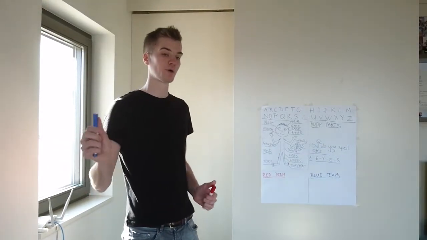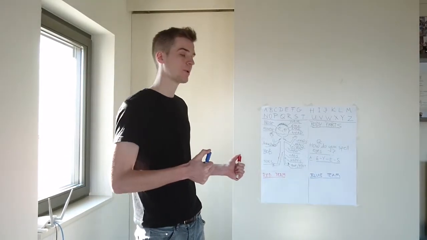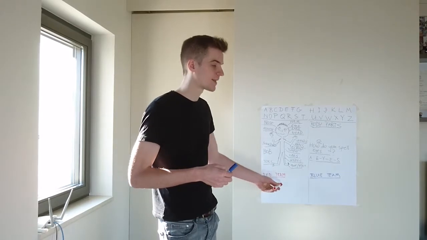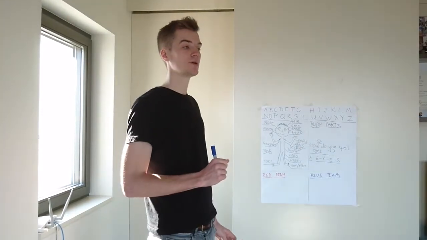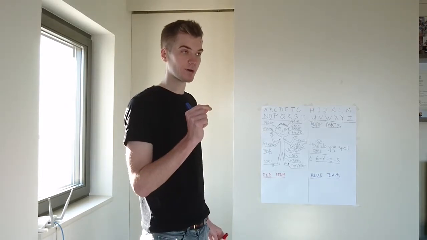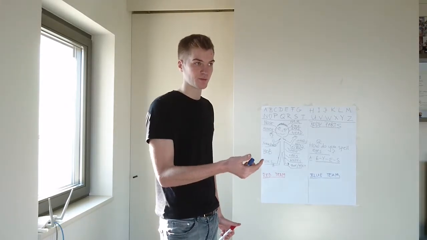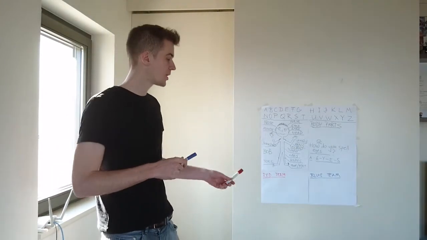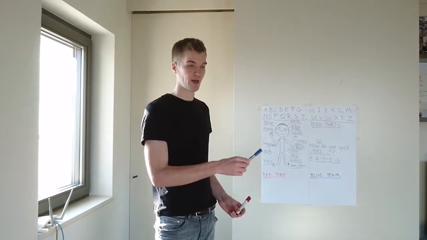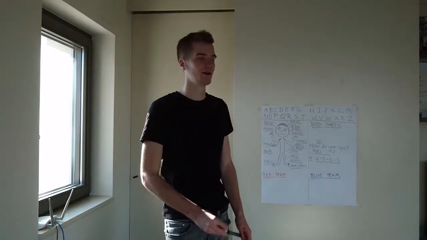So one person from each team can come up and use the marker to write down the word. You must write the word correctly, and you can only use a word once. At the end we will count how many different body parts you were able to write down correctly on the board.